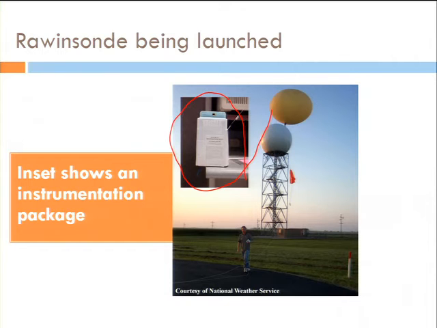There's a little GPS in the instrument package. And so by tracking the change in the position of the balloon, we can actually tell which way the wind is blowing and how strong it is. And so the wind is inferred from the change in location of the weather balloon. And then all of the other things are measured from the instruments themselves.